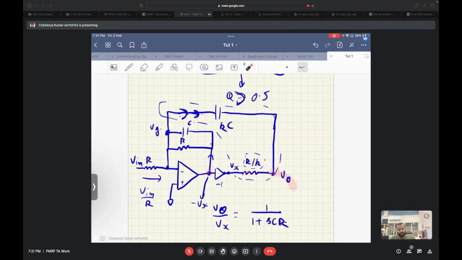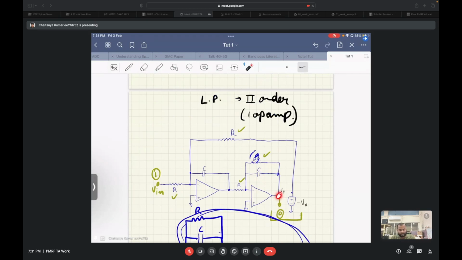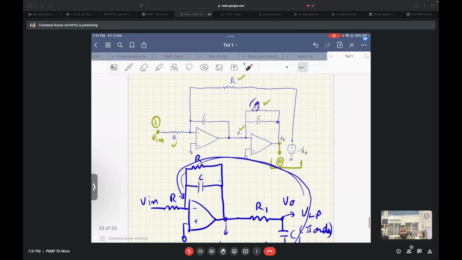However, in the previously discussed circuits, which were two op-amp based circuits, let's say this one here, you are taking the output at the output of an op-amp. Hence, the output resistance of this circuit is zero. However, in case of the circuit that we discussed, which is also known as a reverse Rauch structure, the output impedance is non-zero.